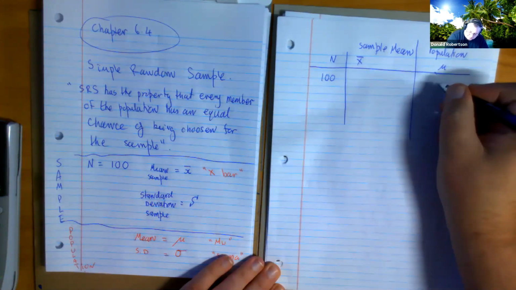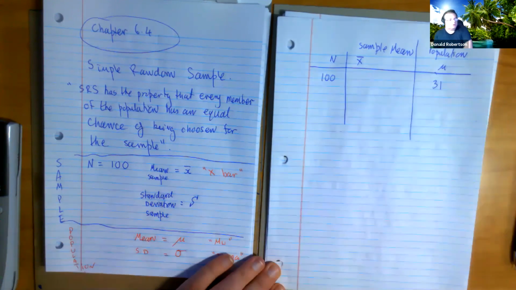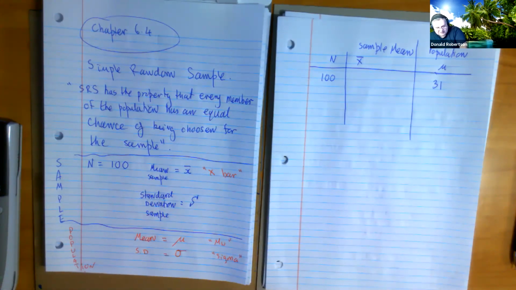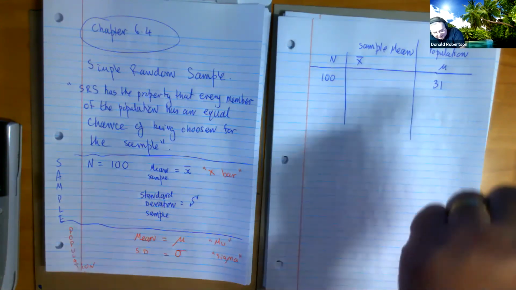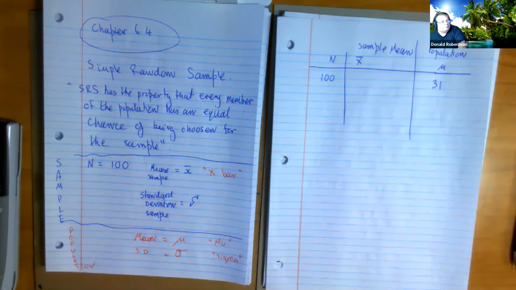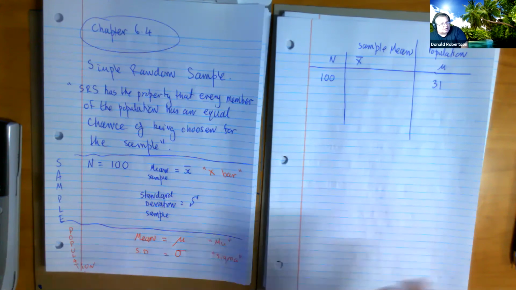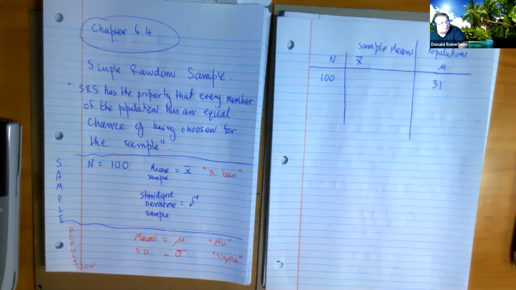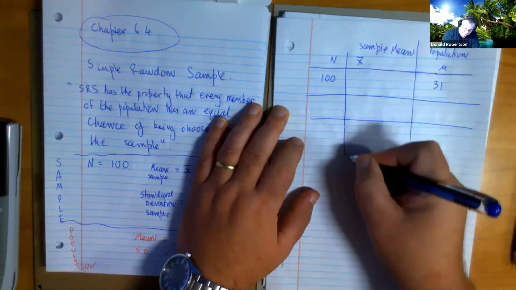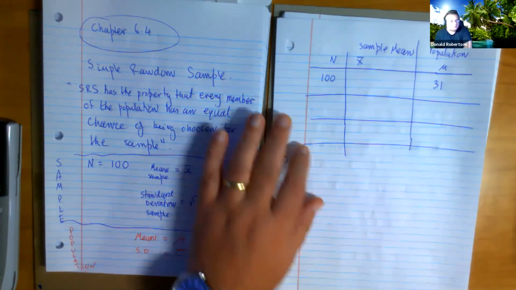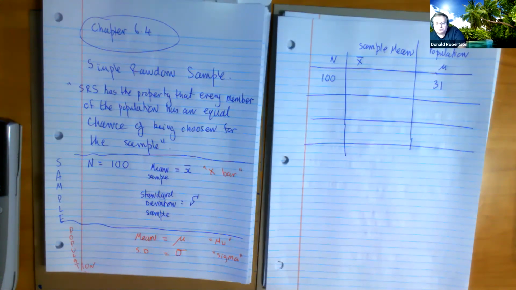Mu is 31, because I've just decided it is. If you take a sample of 100 people and you find the average of them, do you expect that sample mean to be exactly 31? If you randomly just pick 100 people from Bremerton, add up their ages and divide it by 100, do you expect to get 31? That's the question. What do you think?